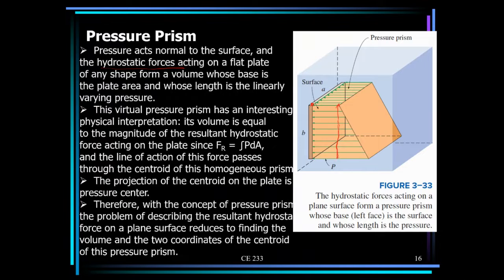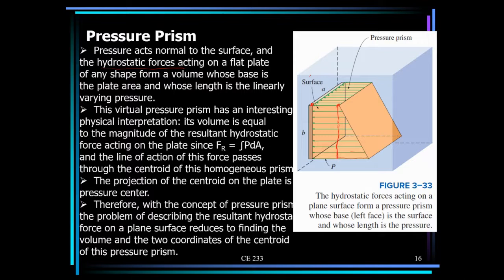You can see it here. It is not 0 here because it is not at the surface. If it were at the surface, when you have atmospheric pressure acting, that is when the pressure is 0.